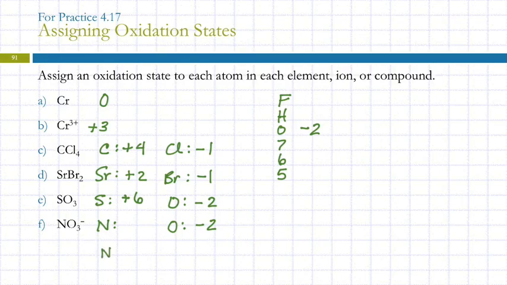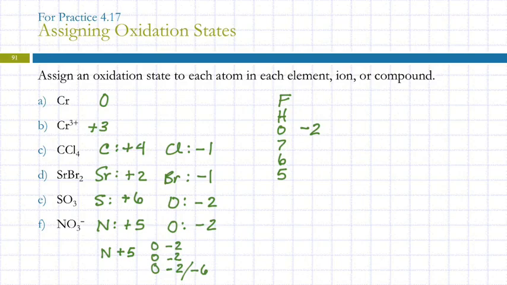So I've got a nitrogen and I've got 3 oxygens. 3 oxygens, each of them is -2. And overall this has to add up to -1. So this is a total here of -6. If I make the nitrogen +6, then it's going to have a 0 charge, right? So the nitrogen needs to be +5, because +5 and -6 is -1.